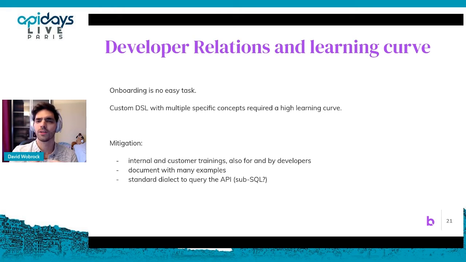No one knows how to write our custom JSON. However, this dashboarding tool knows how to do an SQL statement. So if you can abstract that using SQL, you're directly able to leverage this knowledge of where do I query data using the dashboarding tool that any customer could have. And so we're currently working on having the sub-SQL statements that will then transform into a full BQL JSON query.